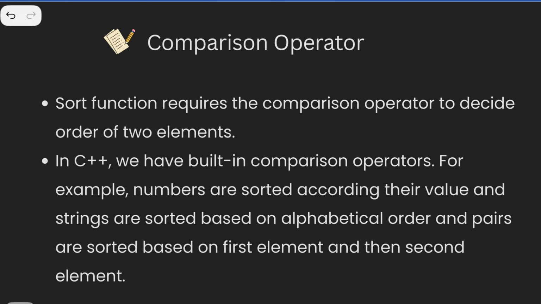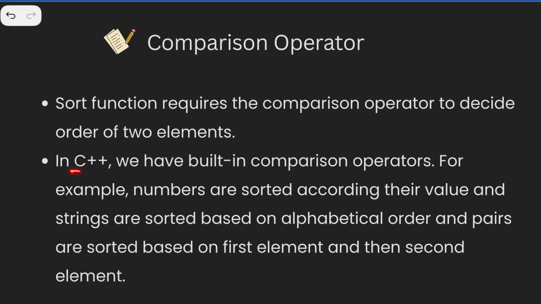What if you want to design your own custom sort? Well, first we will look at the comparison operator. The sort function requires the comparison operator to decide the order between two elements. Once the order between two elements is decided by the sort function, it will use that information to place all the elements in their correct positions.